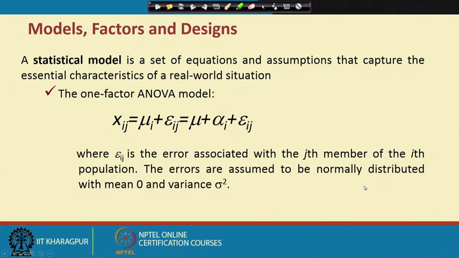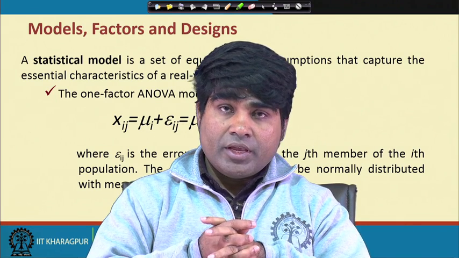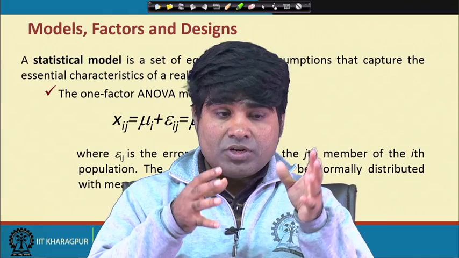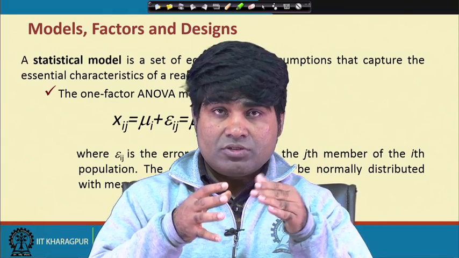In the last couple of lectures we have already discussed the F statistic in a multiple sample case structure. Here we will start with the same concept but with a different structure altogether, starting with the concept called models.